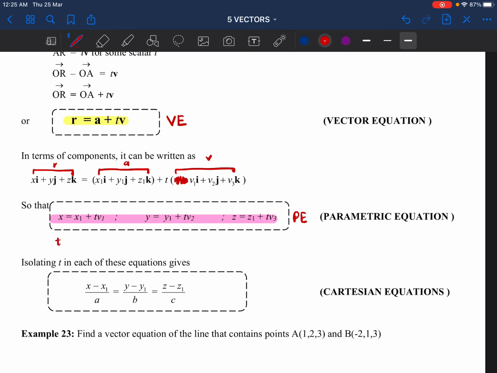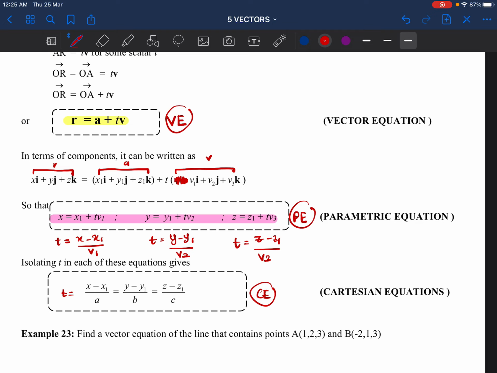Contohnya kat sini kita ada T is equals to X minus X1 over V1. Kat sini kita ada T is equals to Y minus Y1 over V2. Kat sini kita ada T is equals to Z minus Z1 over V3. So basically ini ialah Cartesian equation kita. So kita ada Cartesian equation, kita ada parametric equation, kita ada vector equation.